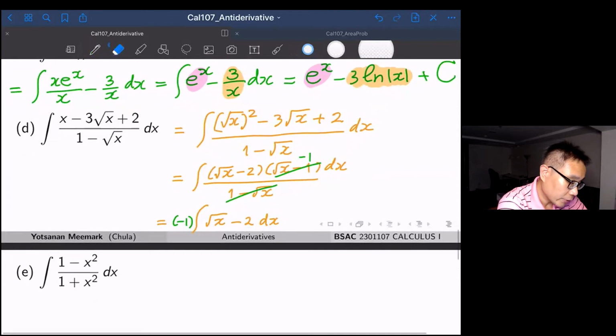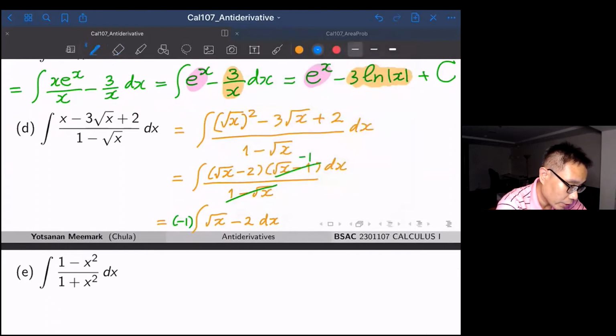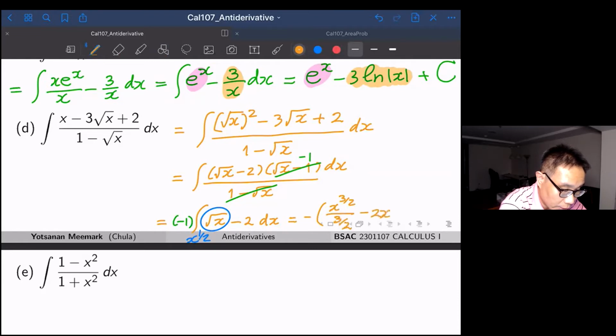What is root x? Root x turns out to be just x to the 1/2. So you get negative, and x to the 1/2 integrates to x to the 3/2 over 3/2 minus 2x.